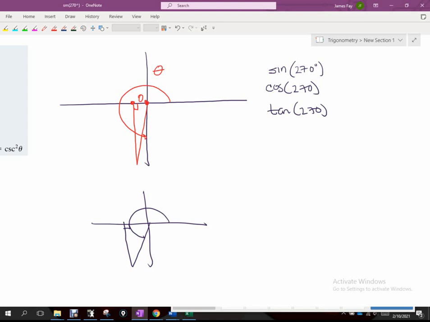But if that is 0, let's use our sine squared theta plus cosine squared theta equals 1 relationship, okay? If right now I've got cosine being 0 there, right?